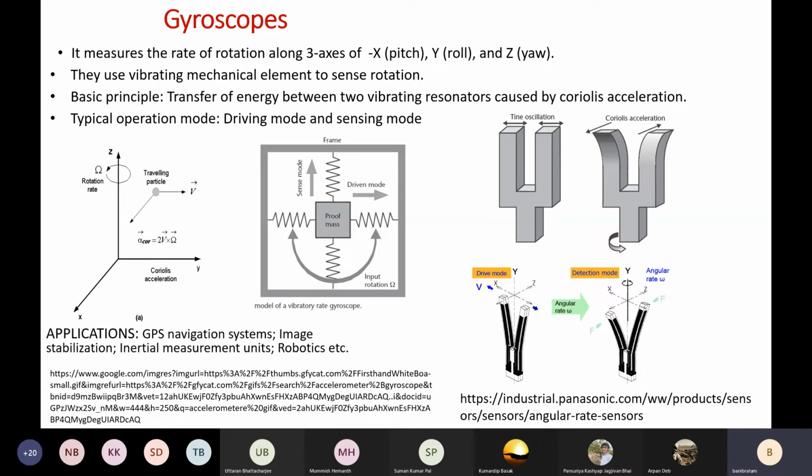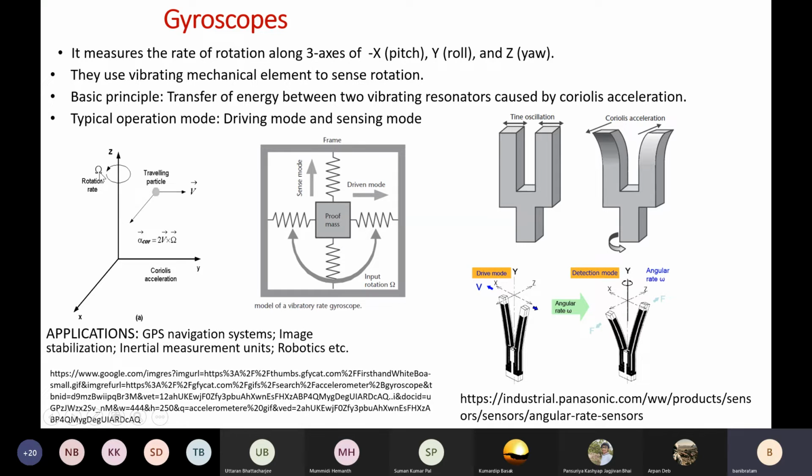If you see a practical example, like gardening, if you water your plants, suppose you are holding the pipe across which the water is flowing along some axis, the forward direction, and then you rotate your hands along the z axis. In that case the water resembles the stone moving at some velocity v, and you are rotating your hand along the z axis with some omega.